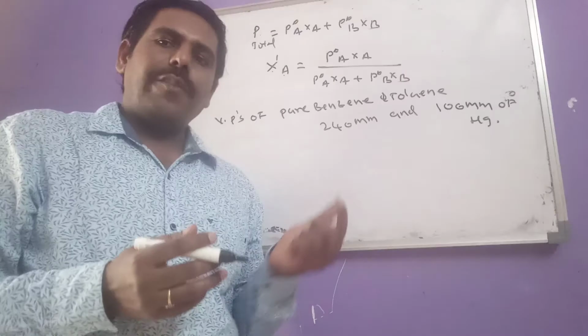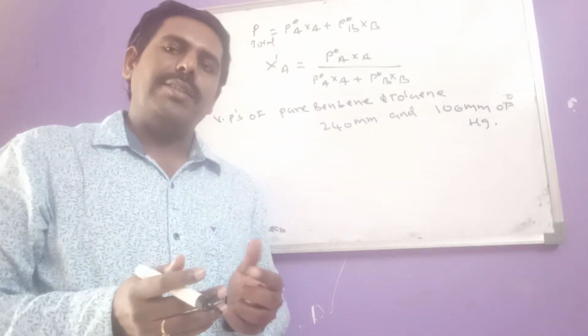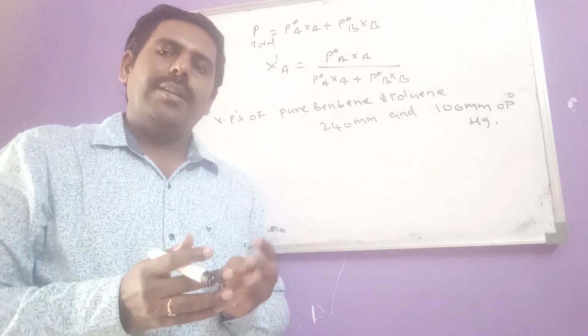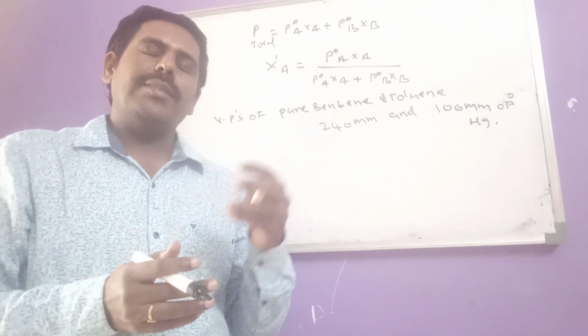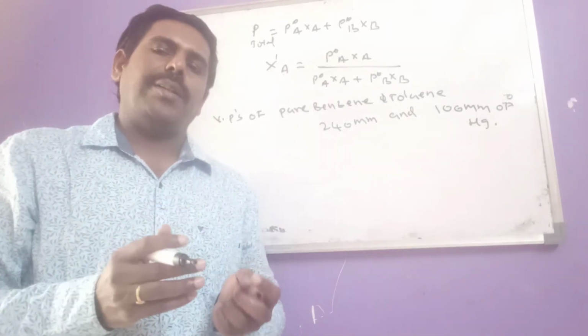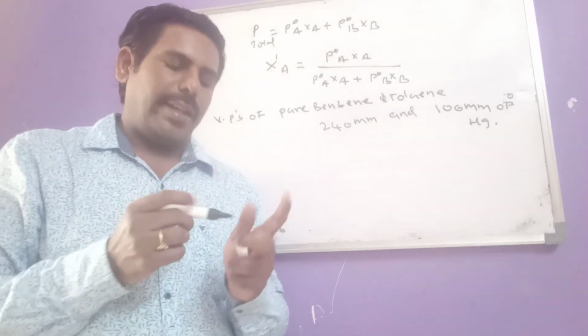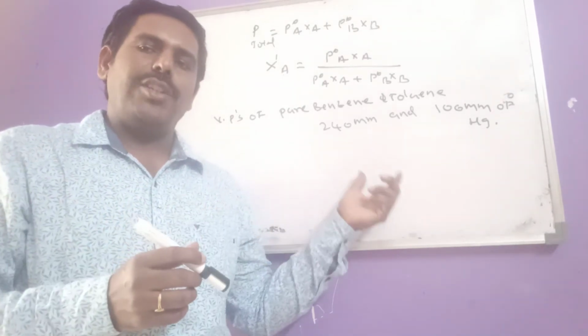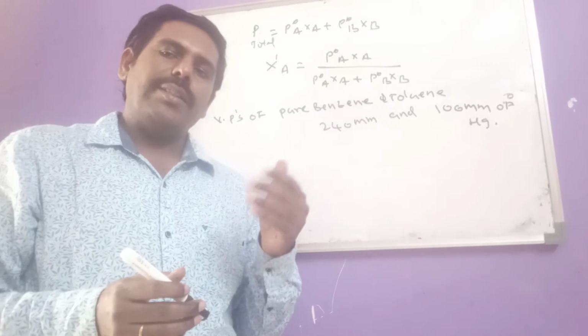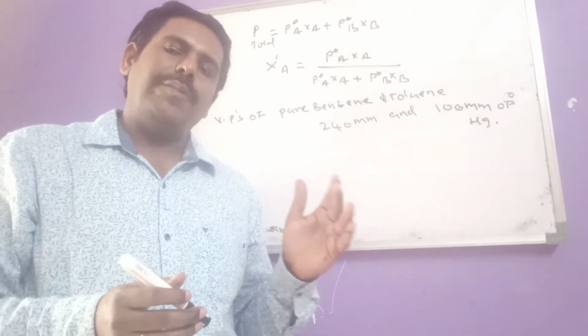If equimolar mixture of benzene and toluene are present, what is the total pressure of that mixture? If a mixture containing equimolar ratio of these two, what is the total pressure of the mixture?